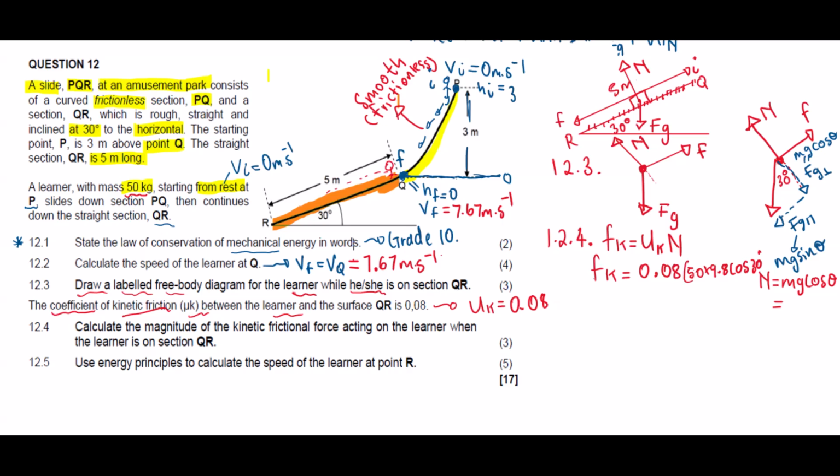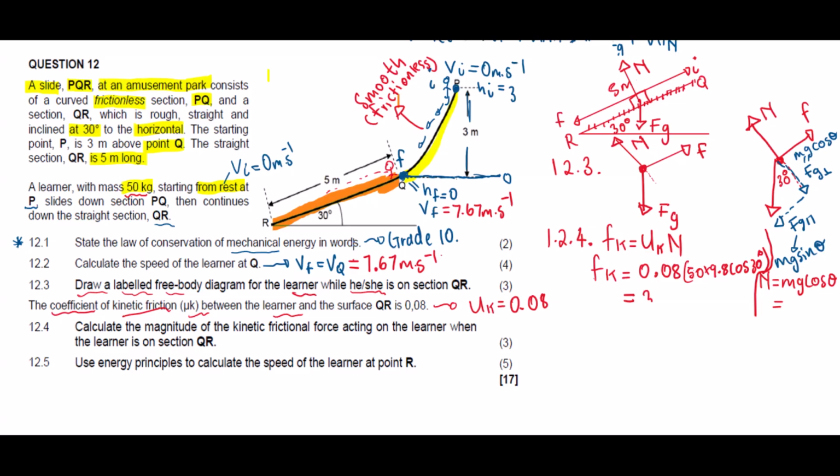Now we can calculate our correct value for the frictional force. It's going to be 0.08 times 50 times 9,8 times the cos of 30 degrees.